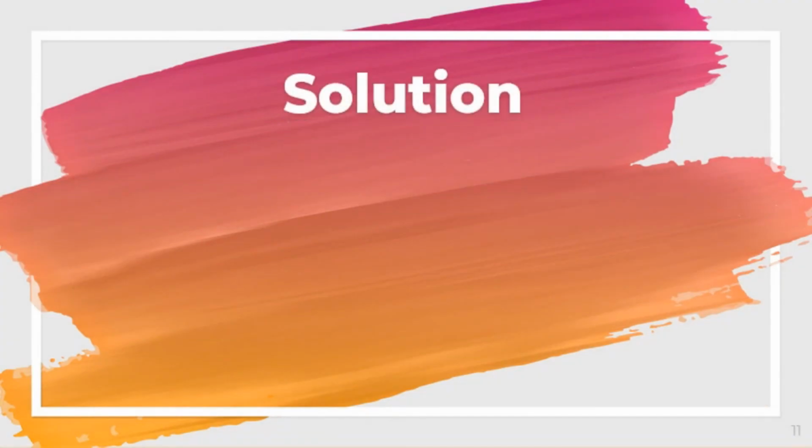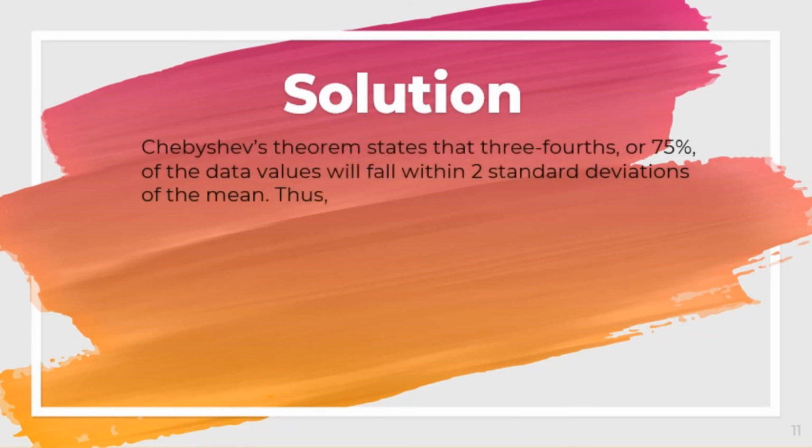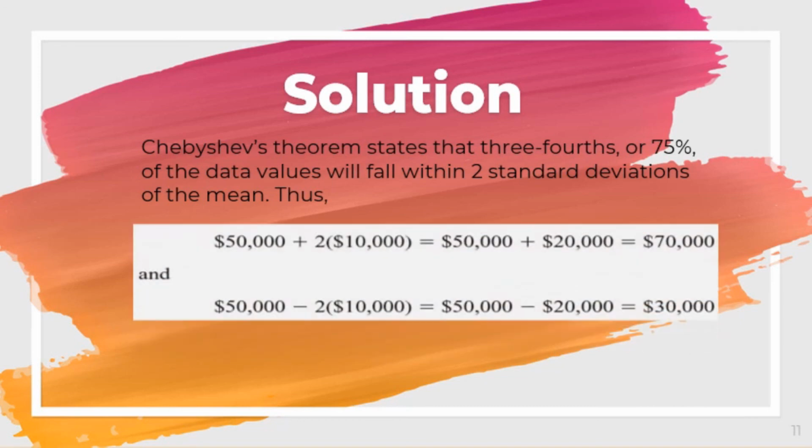This is the solution. Chebyshev's theorem states that 3/4 or 75% of the data values will fall within 2 standard deviations of the mean. Thus, $50,000 plus 2 multiplied by $10,000 is equal to $50,000 plus $20,000 is equal to $70,000.